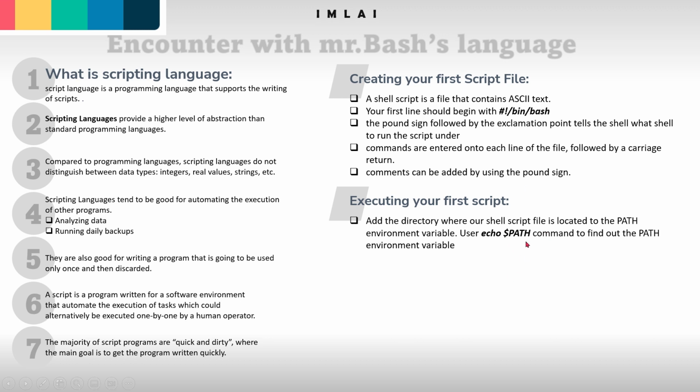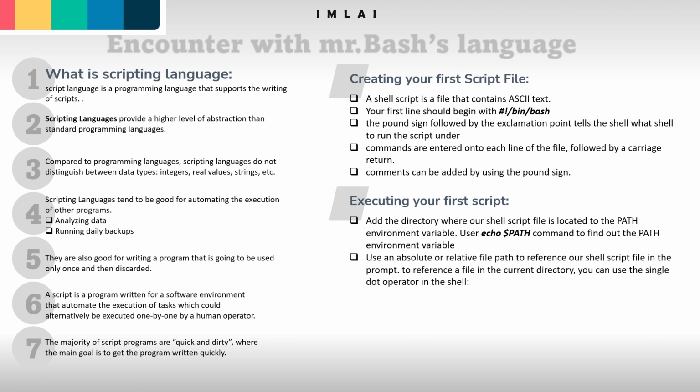Because in this path environment variable we have given the directory of the shell script file, automatically it will run the file. The second one is to use an absolute or a relative file path to reference our shell script file in the prompt. To reference a file in the current directory, you can use the single dot operator in the shell.